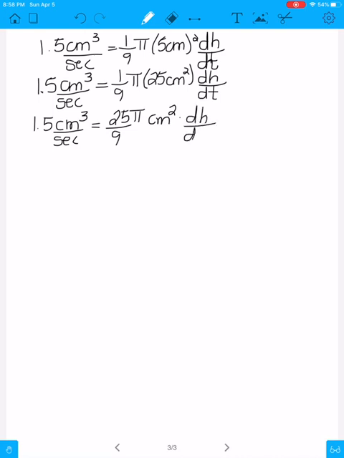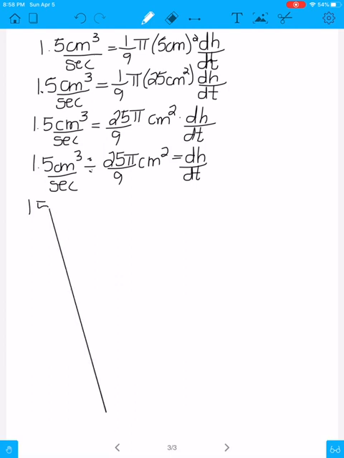And to get dh dt by itself, I need to divide by 25 pi over 9 centimeters squared. So I'm going to get 1.5 centimeters cubed per second divided by 25 pi over 9 centimeters squared equals dh over dt. Then I can flip that by multiplying.